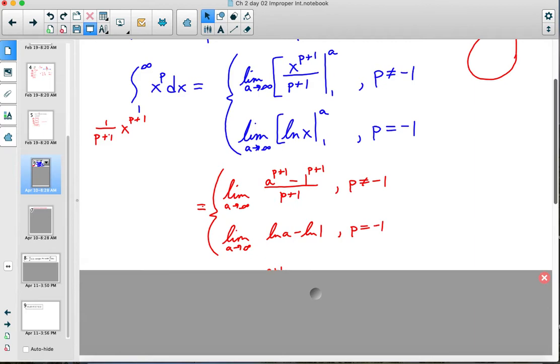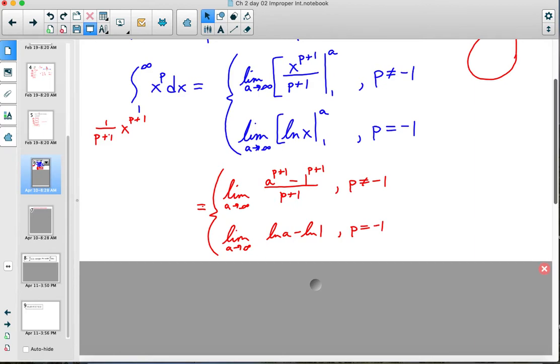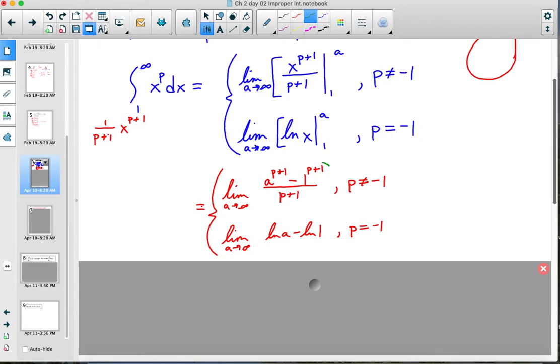Okay, so now when I evaluate each of these from 1 to a, I'm plugging in the a value for x, and then I'm also plugging in the 1 for x. And when I do that, I get what I have down here. So we have the limit as a goes to infinity of a to the p plus 1 minus 1 to the p plus 1, and 1 to the p plus 1 simply is going to equal 1.